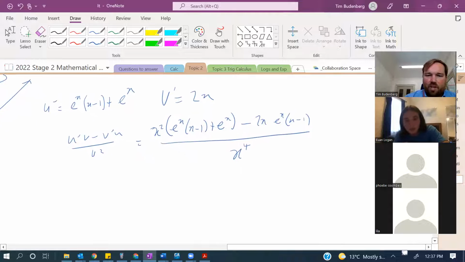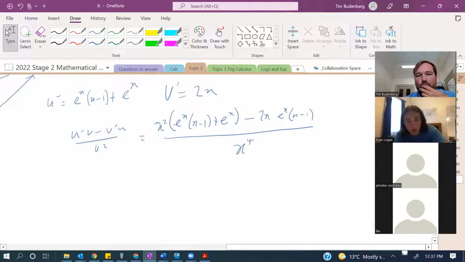All right, I suppose there's some tidying to be done on the top. Yeah, so I had that as well. If I was going to tidy the top, I would take an x out the front and e to the x. So x e to the x.